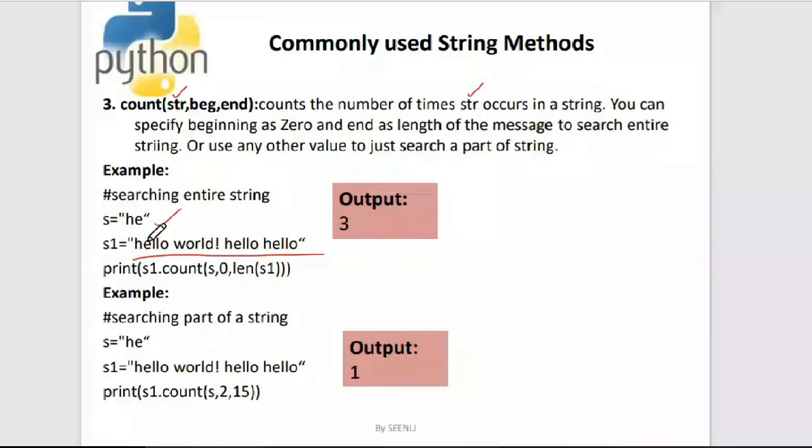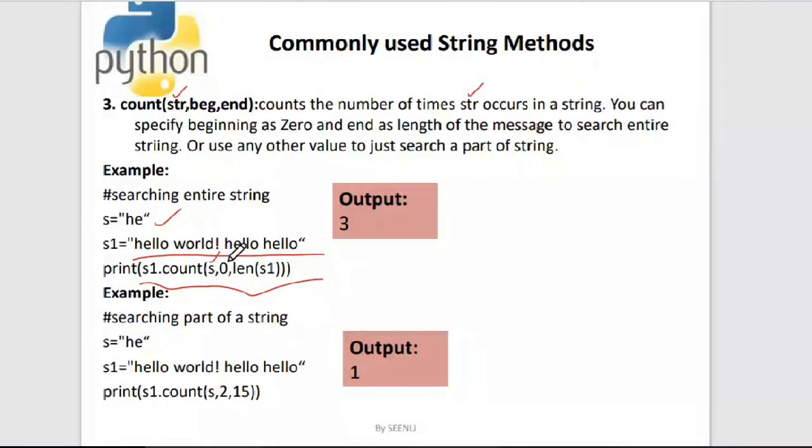The count method will give the number of occurrences of HE in this string. So how do I give it in the program? This is the syntax. I said S1.count, which is the string on which I want to apply this, and then S is the string that I want to search.